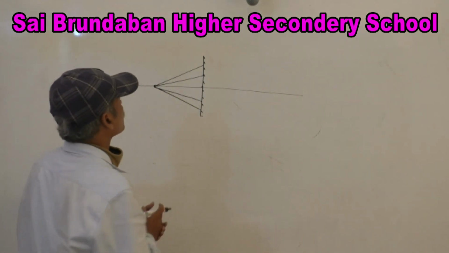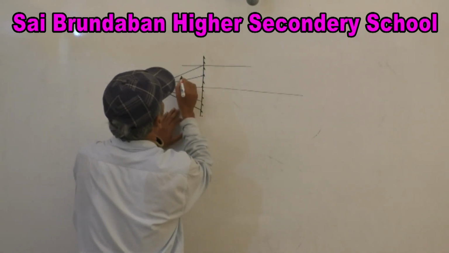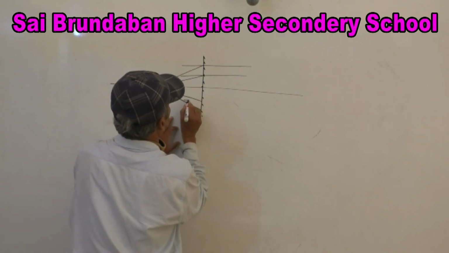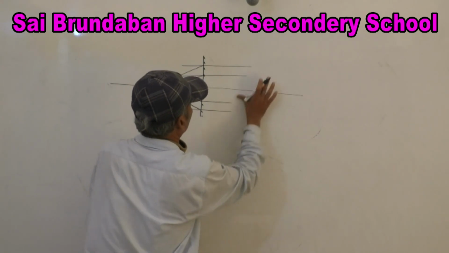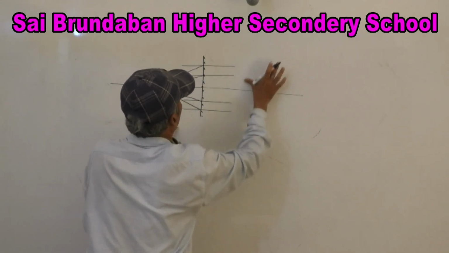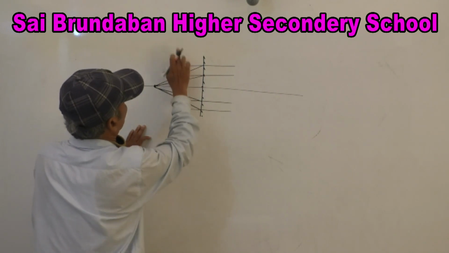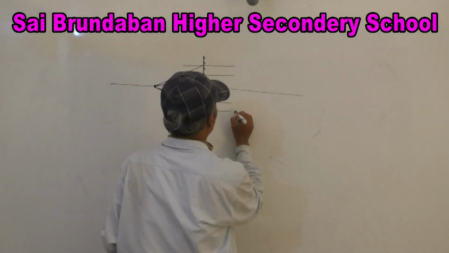So, draw a normal here, draw another normal here, draw another normal here, draw another normal here. There are 4 normals.